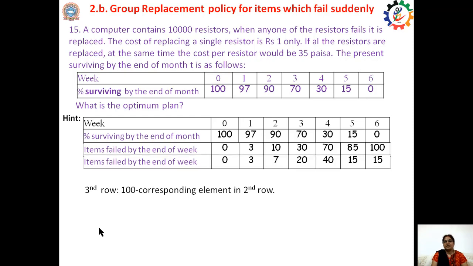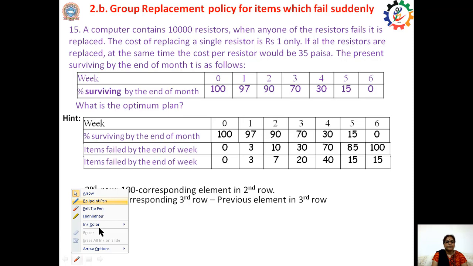But we don't want failed by the end of the week. We want during the week. So corresponding third row minus previous. 10 minus 3 will give us 7. 30 minus 10 will give us 20. So items failed during the week. So I'll just correct this.